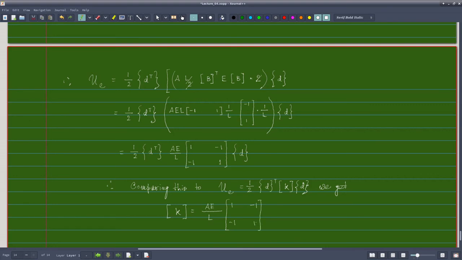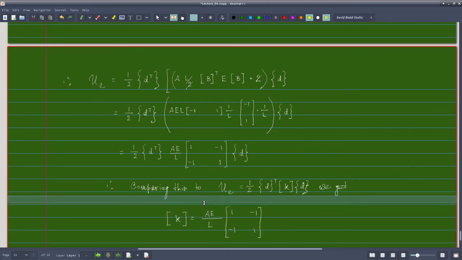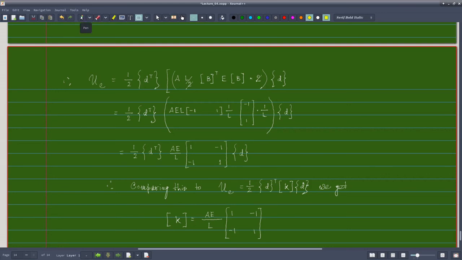So this gives me the same stiffness matrix that we got earlier by using Galerkin's method. By using Galerkin's method we got the same matrix earlier, so this method also gives me the same matrix.